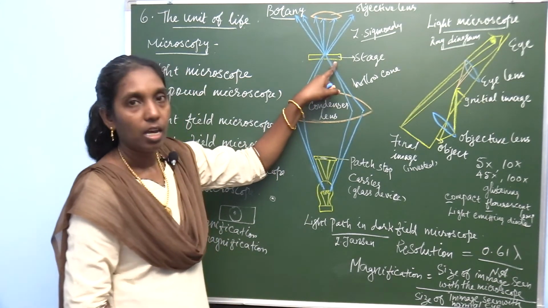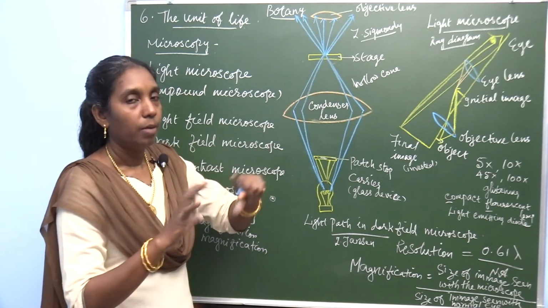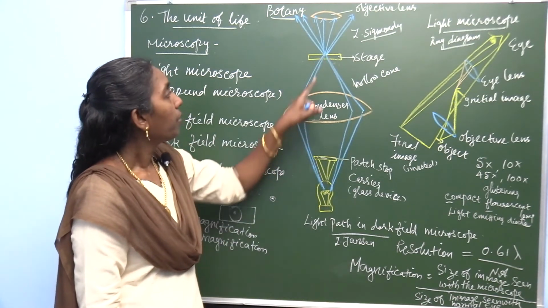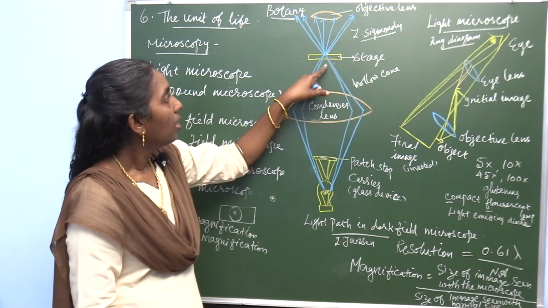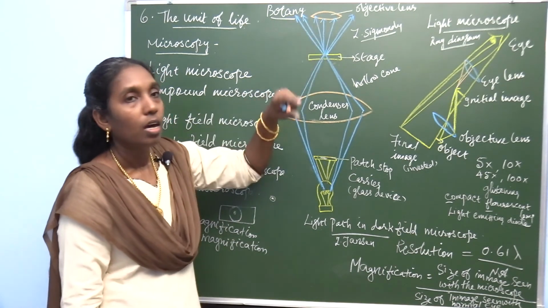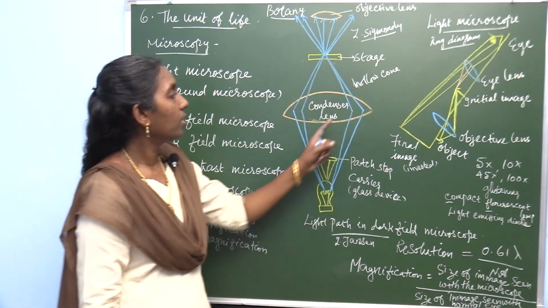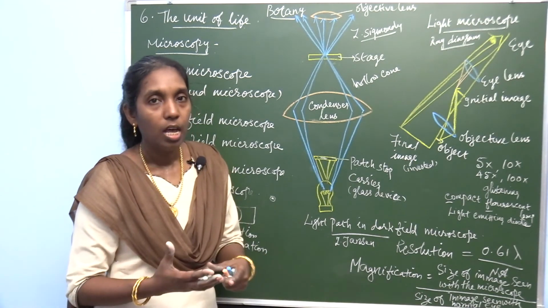The object is present here. This is the stage, the adjustable platform which is called the stage. When the light reflects from this object, it again focuses to the objective lens. At first there is a condenser lens and here there is an objective lens.